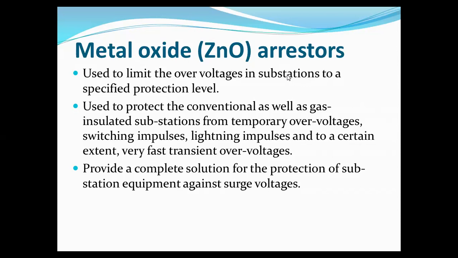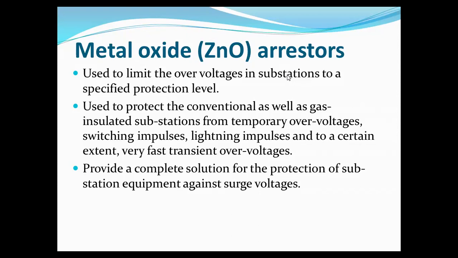Okay, as an insulator, it is used to protect conventional as well as non-conventional insulated substations from temporary over voltages. Temporary over voltages means the voltages which are not long lasting, only for seconds.